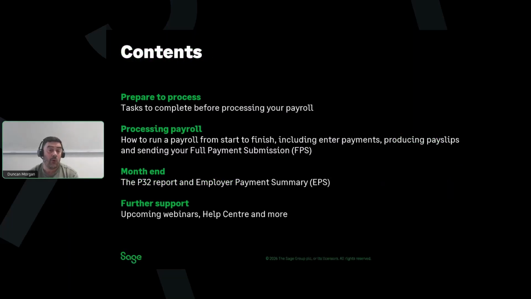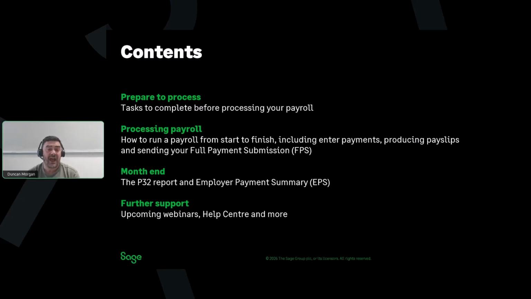Let's now take a look at what we're going to cover in today's webinar. So we're going to start by looking at some tasks to complete before processing a payroll. So I'll walk you through a checklist and give you some quick demonstrations on things you might need to set up before you process the pay run.